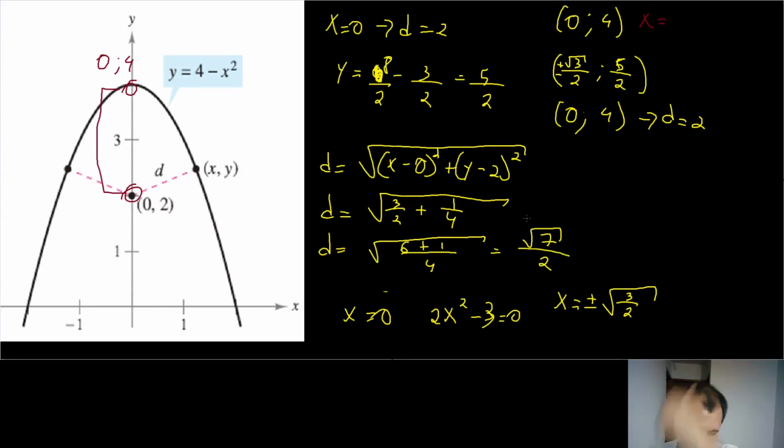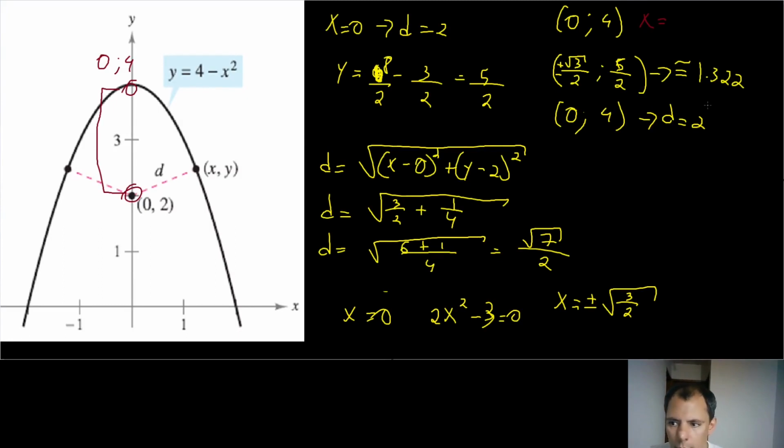Now, if you go on the calculator, let's see something here. Square root of 7, and then you divide this thing by 2, you're going to see that's 1.32 approximately. So the distance here is going to be approximately 1.32.